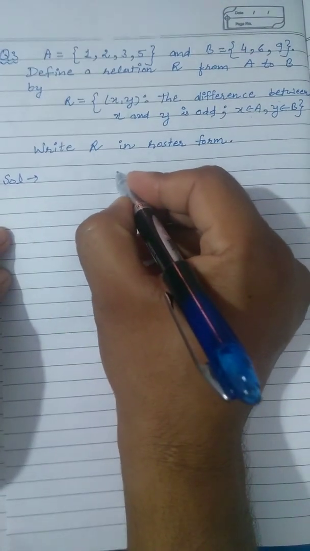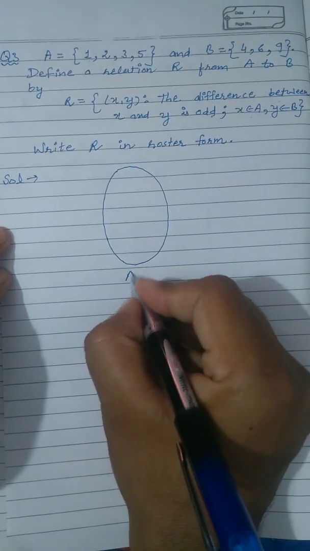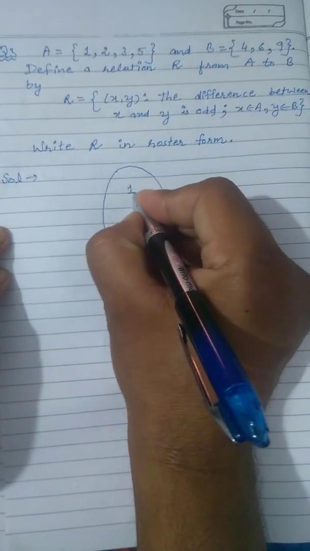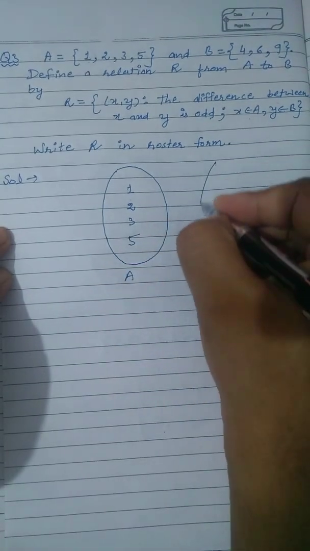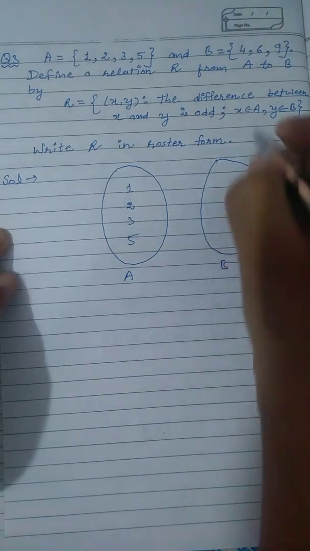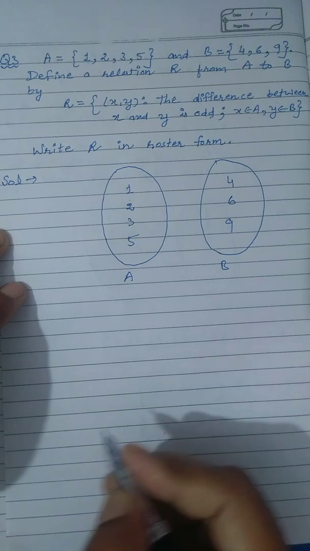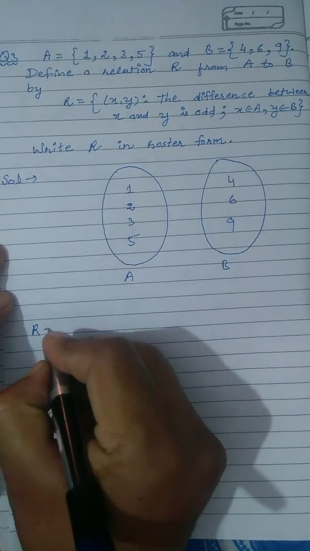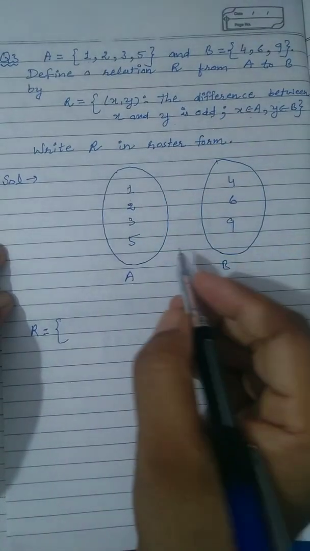So first of all, set A contains the elements 1, 2, 3, 5. Set B contains the elements 4, 6, 9. Now what is R? R is the collection of all ordered pairs where the difference between x and y is odd.